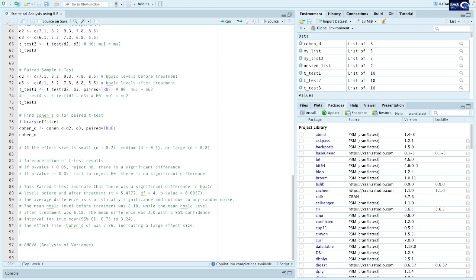That is also a point you need to keep in mind. Now we will create a contingency table.